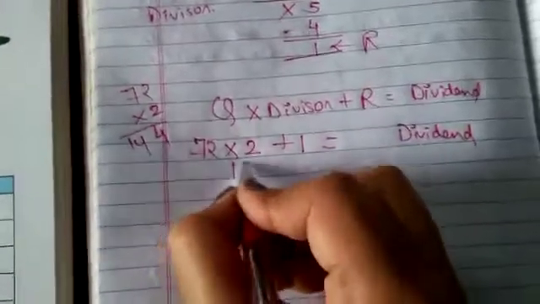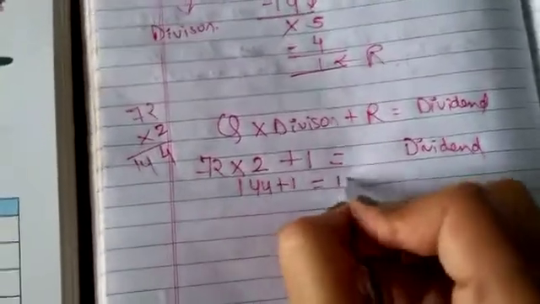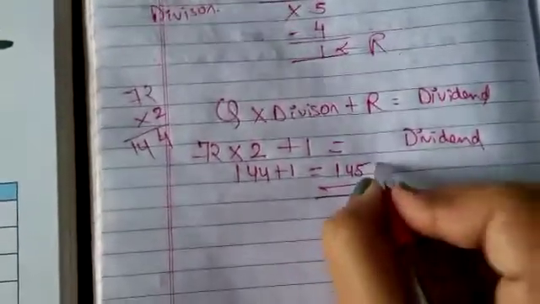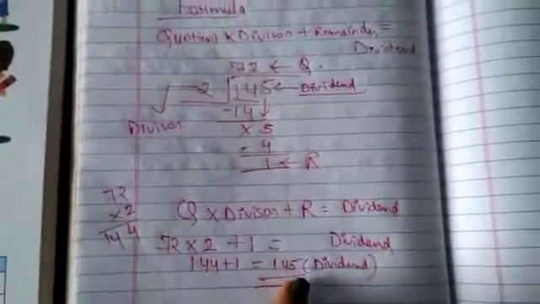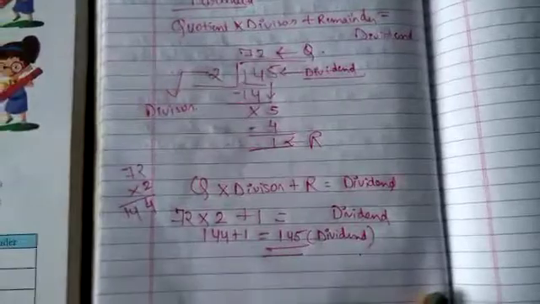So the answer is 144 plus 1, that will be equal to 145, and this 145 is our dividend. In the end we get our dividend, 145. This is how you have to do this exercise.